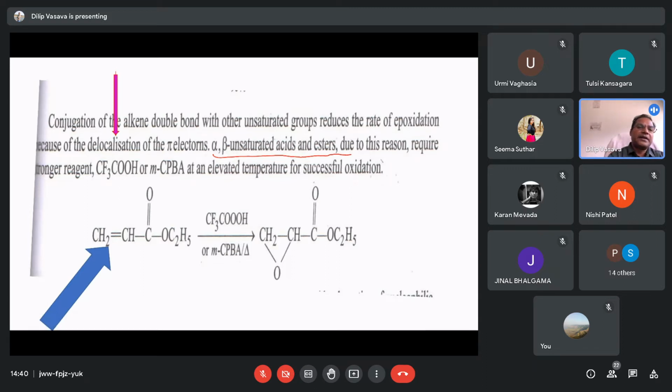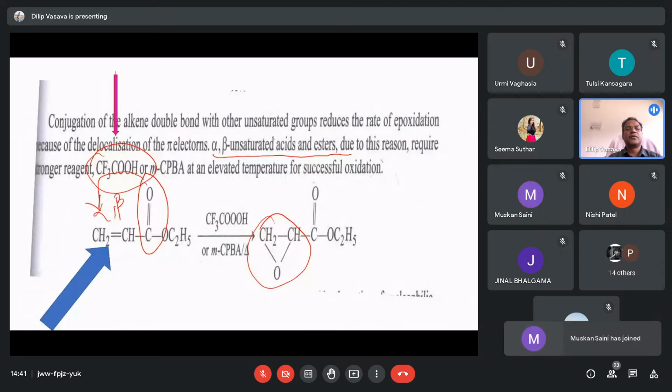This can be considered one of the best reagents, because here it is an alpha beta unsaturated compound, so resonance of the pi electrons is taking place. This carbonyl group does not easily allow oxidation of the alkene, so in that case it is required to use a different reagent for oxidation of the alkene in the presence of the carbonyl group.